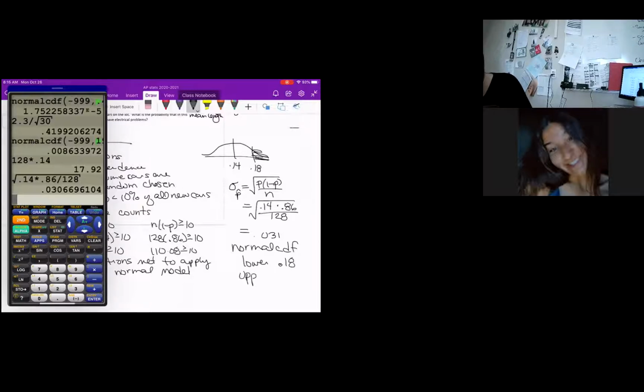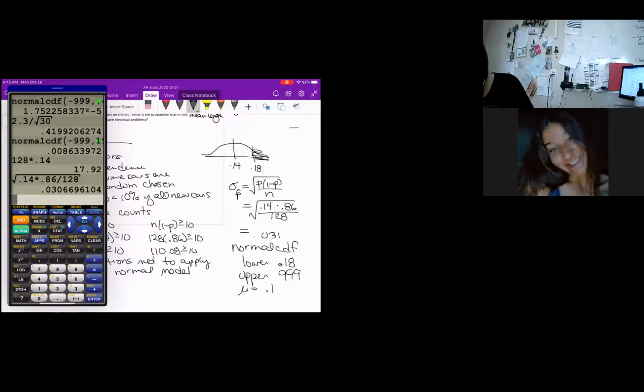All right, so lower bound is going to be the 0.18. Upper will be 999. The mean of p hat is going to be the mean of p, because the fact we've allowed us to use the normal model, it's an unbiased estimator.